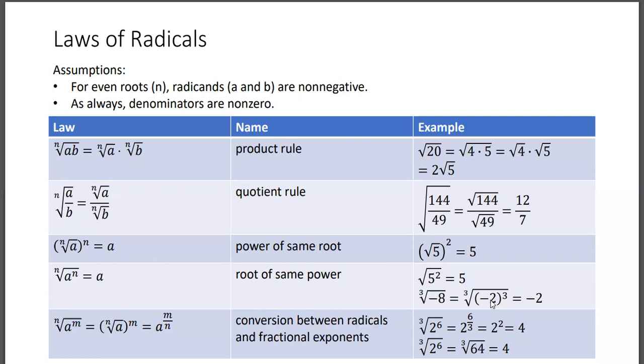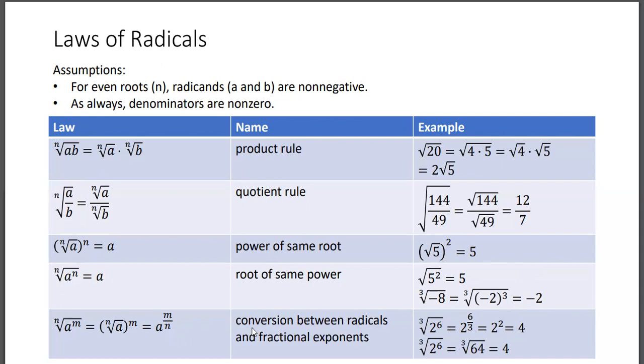Negative 2 times itself 3 times: negative 2 times negative 2 is positive 4, times negative 2 again is negative 8. And so the cube root of negative 8 is negative 2, but we can see this rule showing this here. These 3's, effectively inverse operations, cancel each other out and you end up with negative 2.